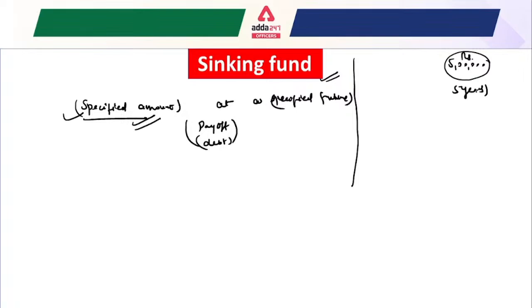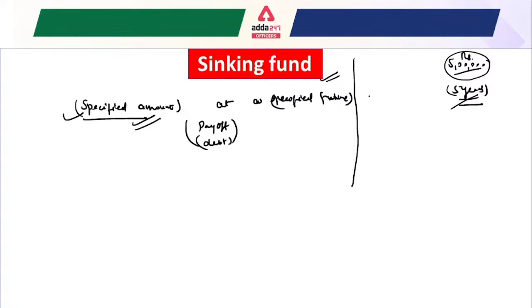Now you want to know what kind of monthly deposit or yearly deposit you have to arrange for that amount after that time. Okay, so that is known as the sinking fund, right?